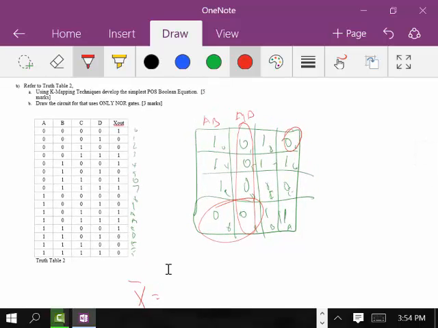A, B naught, A naught, B naught, A, B naught. Right there, is that right? Nope.